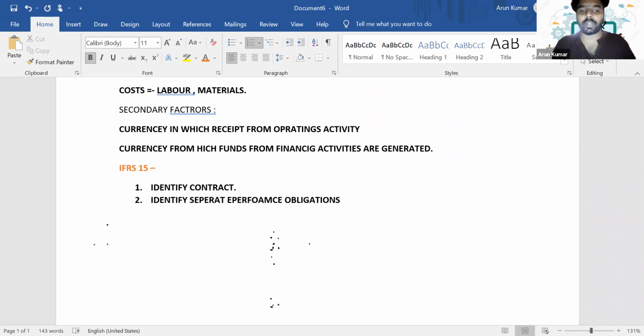In that scenario, does it mean that the only performance obligation for them is just the car, or do we have to identify the service and the obligation to deliver the car as two separate performance obligations, or do we have to identify it as a single contract? How will you account for it?